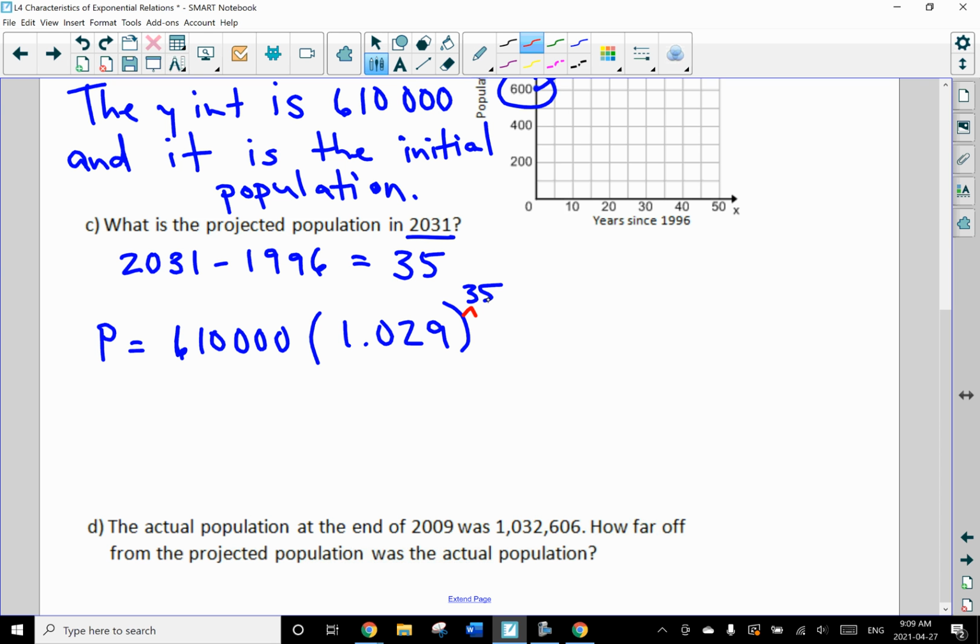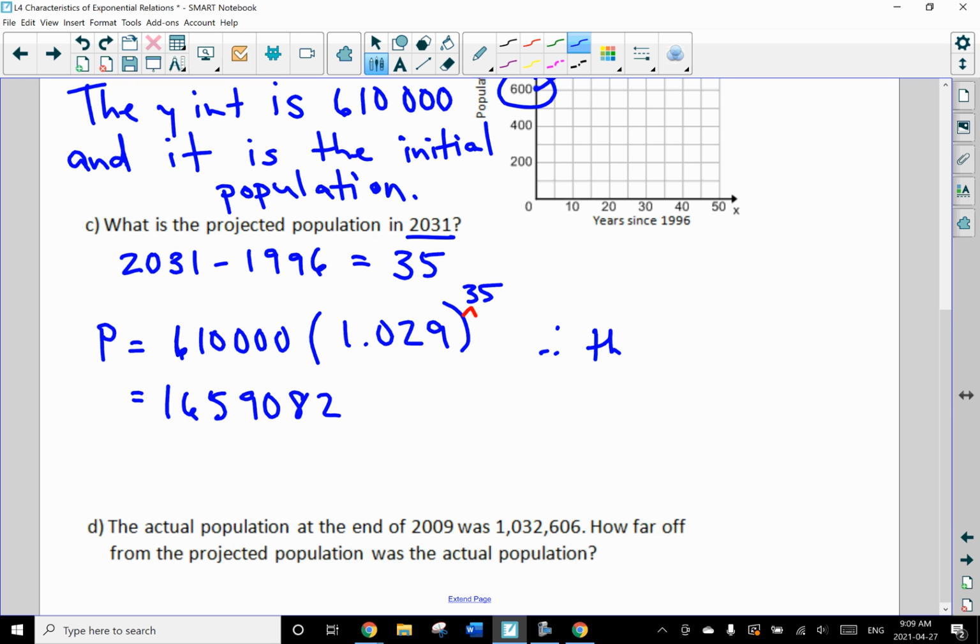So 610,000 bracket 1.029 close bracket raised to the 35 gives us 1,659,082.